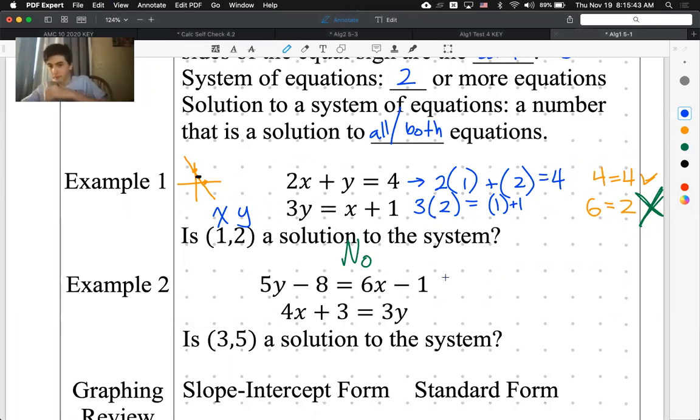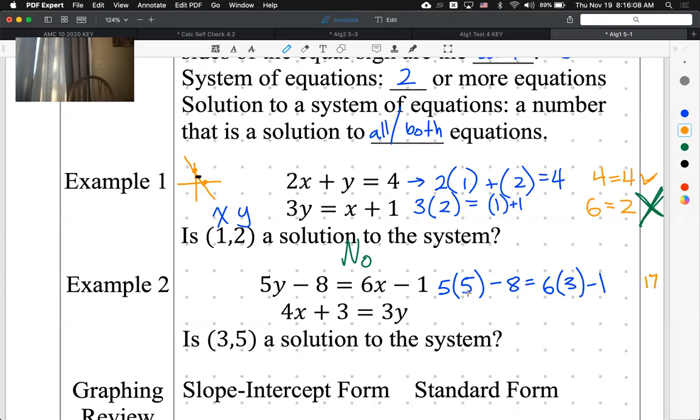Okay, so it would be 5 times 5 minus 8 equals 6 times 3 minus 1. And when you boil down both sides, you get? On the right side, you would get 17 because you want to subtract 1 from 18.